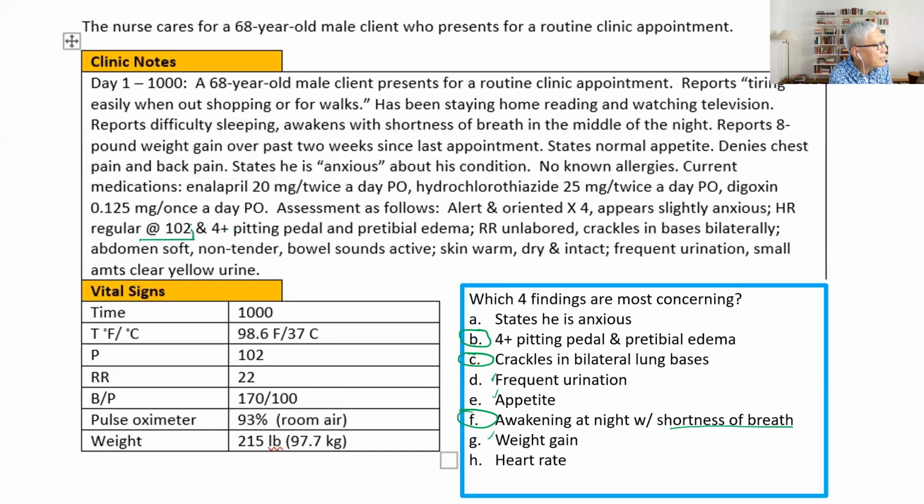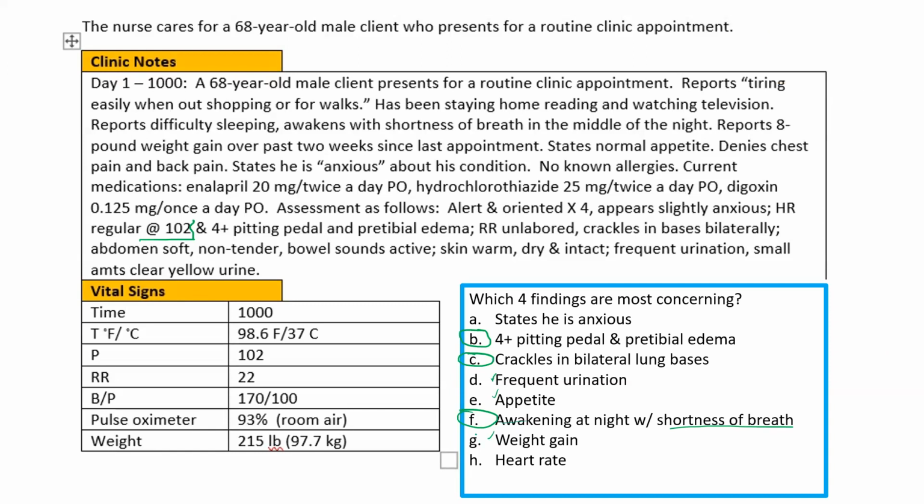102, right there. Okay, so that's not that high, I would say. Not that bad, but how about the weight? 215 pounds. That means he's retaining a lot of fluid, isn't it? Yes. So if it were me, I would just stop with these 3, but know that this weight gain is also bothersome.